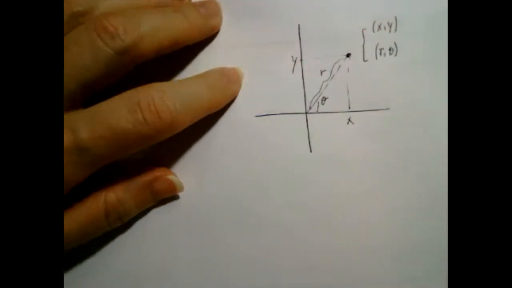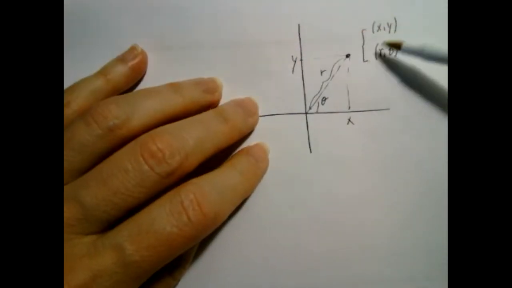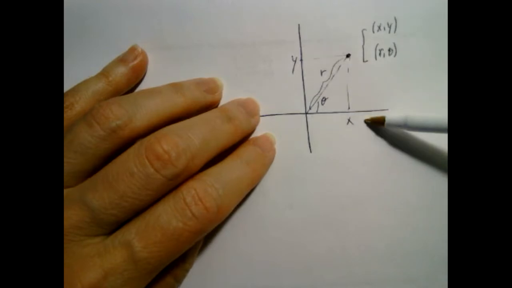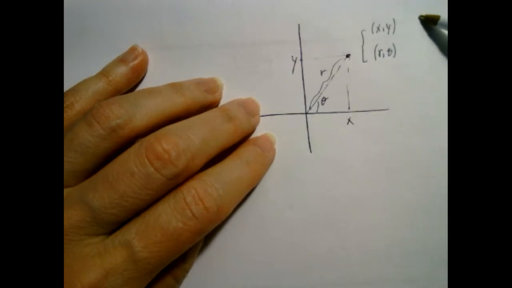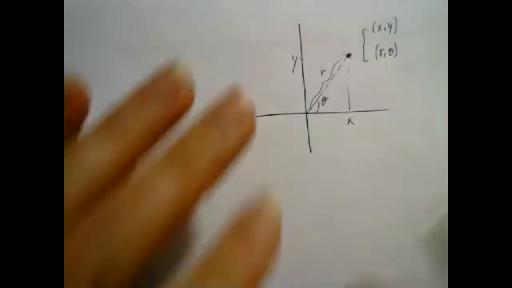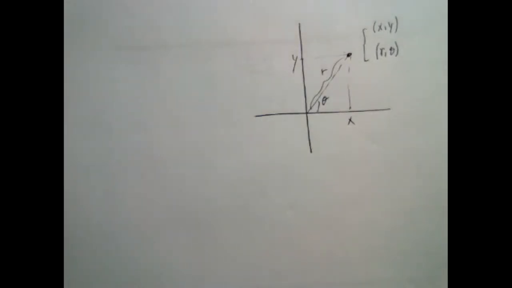So now the natural question would be, if I know the r and theta, can I find the x and y? And if I know the x and y, can I find the r and theta? So the idea is: how can I convert from one coordinate system to another?